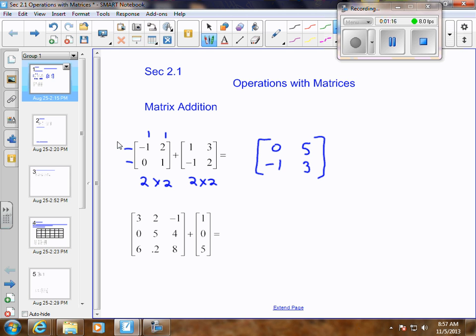In the second example, you see that the first matrix has 3 rows and 3 columns, whereas the second matrix has 3 rows and 1 column. The dimensions are not compatible, so the matrices cannot be added.